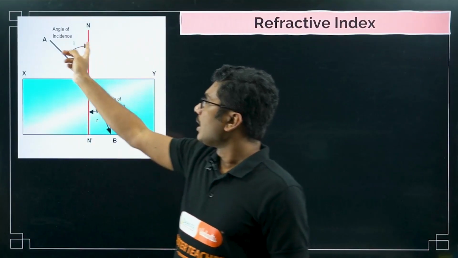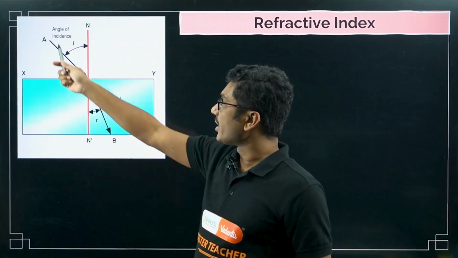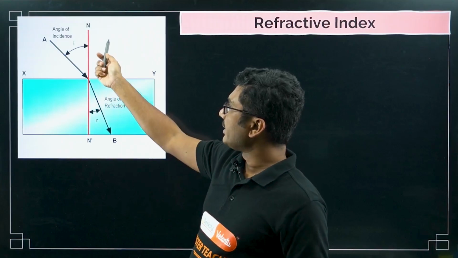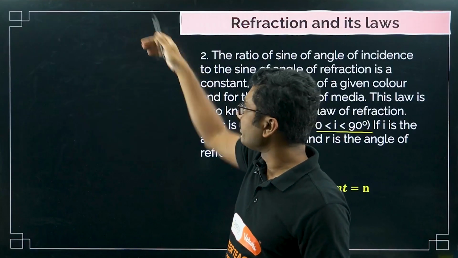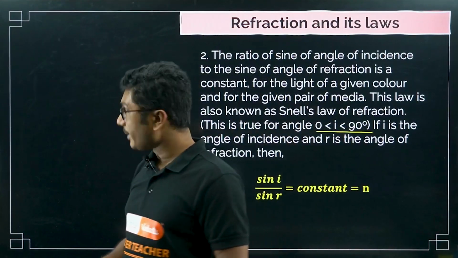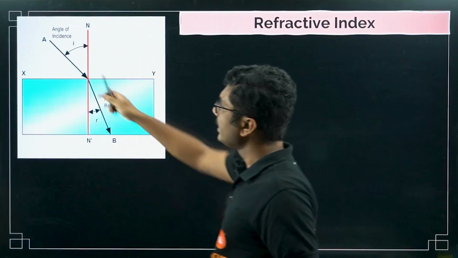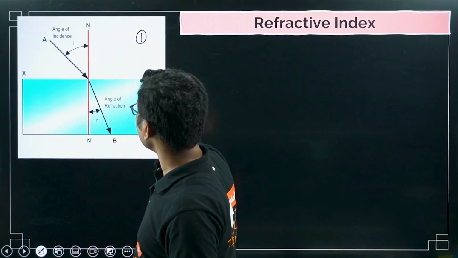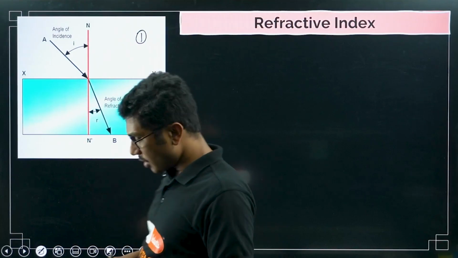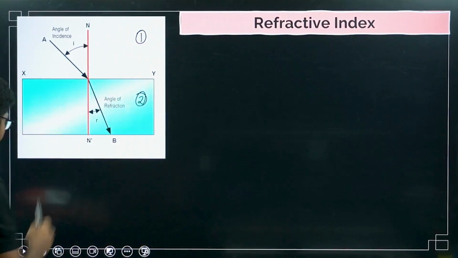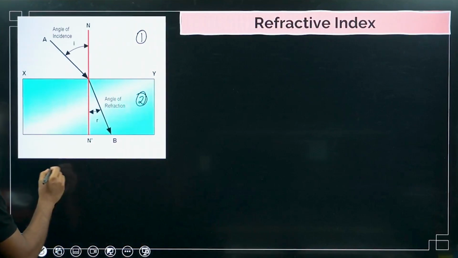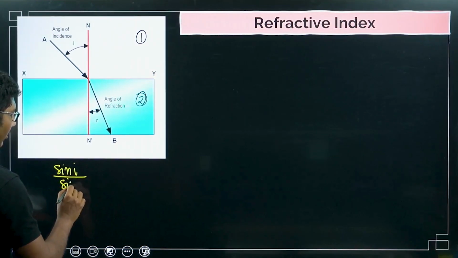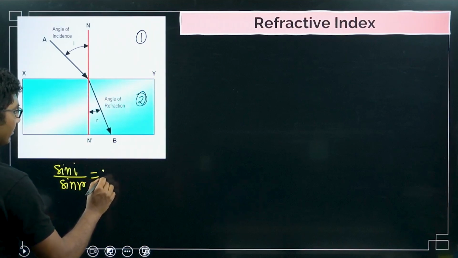So here imagine that a light ray is traveling from A to B, and this is the incident medium, the first medium, and this is the second medium. Now from the second law of refraction, we can write that sine i divided by sine r equals a constant.